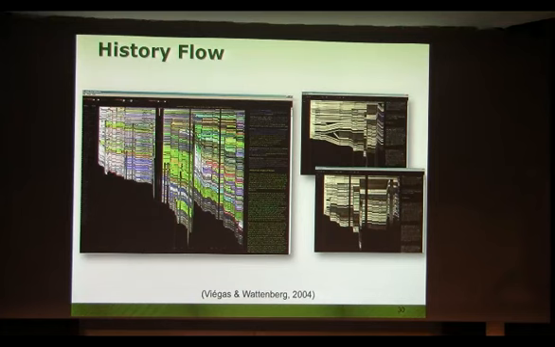This is History Flow. So in this representation, it's the same idea as what you've seen in the interactive timeline in Diffamation. Each revision corresponds to a vertical bar, and we can see the flow of text here conveyed by color. A color is associated to a user.